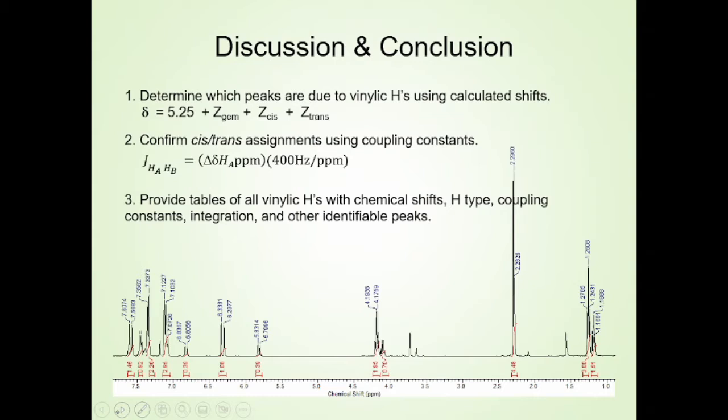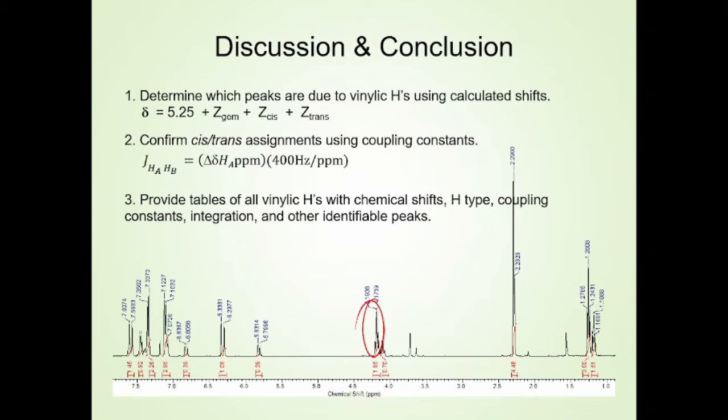Okay. And when you are in your discussion and conclusion, since again we have two isomers, you need to have two tables. And in those tables, you would identify definitely the vinylic peaks, which you've identified with the chemical shifts and the coupling constants, but you should also identify the other peaks for that particular compound. So for example, we have here a quartet. It is in that 3 to 4.5 range where we typically see alkoxy.